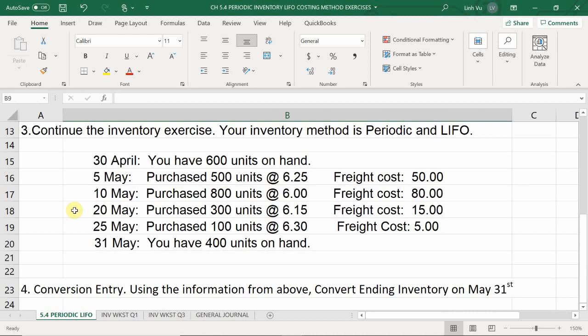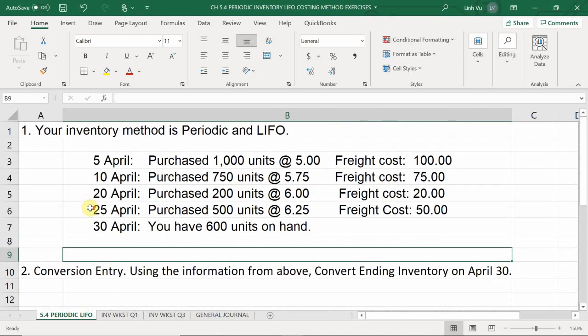Wait, can you repeat that again and say a little slower? Correct. In the previous one, I was specific that I said that assume that all purchases were made on an account, but here I kind of missed it. So you only use accounts payable if the idea is that you're owing that person money or you place them on an account, meaning you have an account with this vendor, so they're allowing you to owe them.